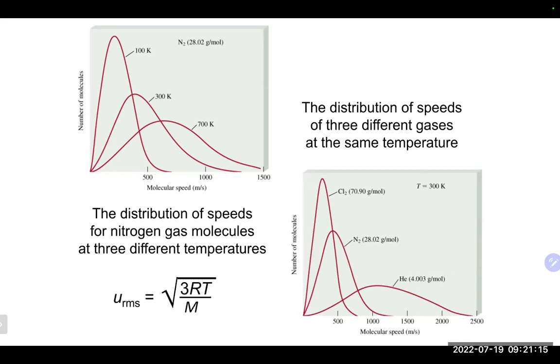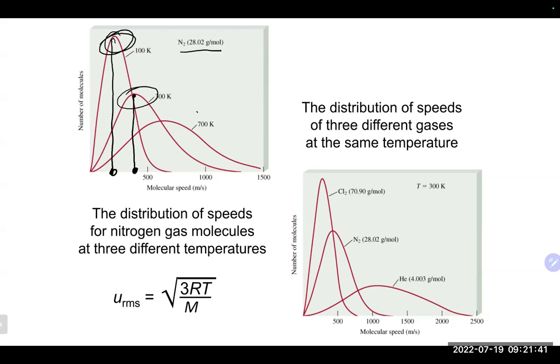Up here on the top left, we have nitrogen at some different temperatures. This is all nitrogen gas, and this is the speed and the number of molecules. At 100 Kelvin, this bunch of molecules have about that much speed. When we increase it to about 300 Kelvin, do you see the speed starts to increase?